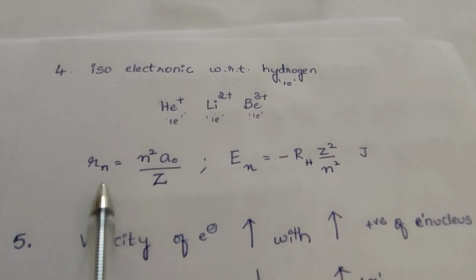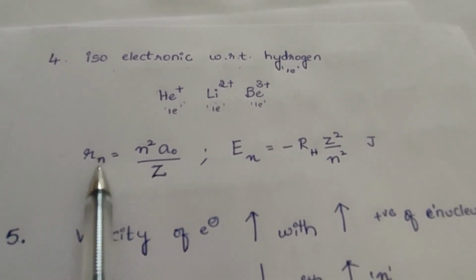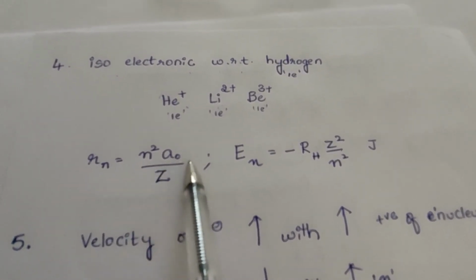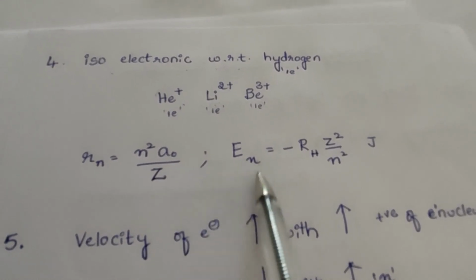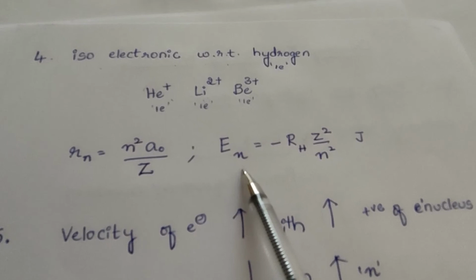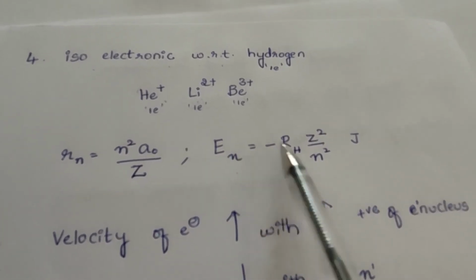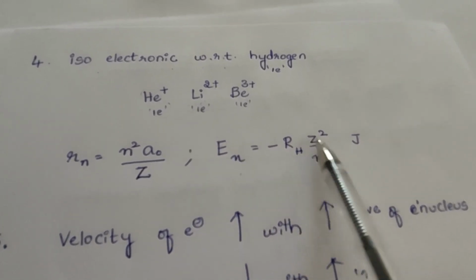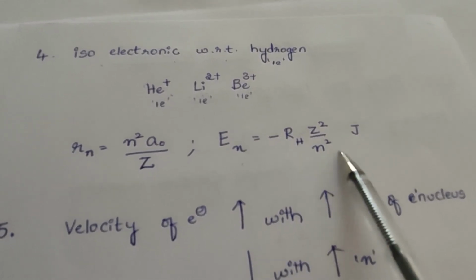For the species which are isoelectronic with hydrogen, we can calculate their radius using the formula Rn is equal to n square a naught by Z, and the energy of the electron present in a stationary state using the formula En is equal to minus RH Z square by n square.